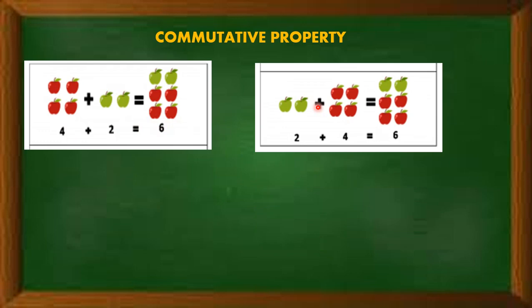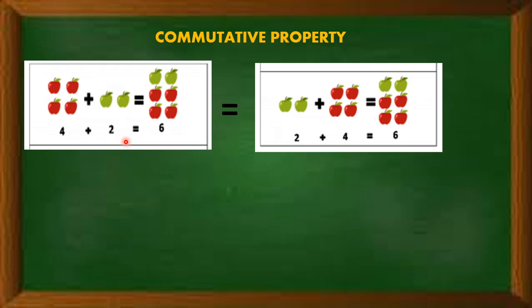The main difference between these two images is the way of writing the numbers, the position of the integers 4 and 2. In the first picture it is 4 plus 2, and in the second picture it is written 2 plus 4, but still the result, that is the addition, is 6. So here we can say 4 plus 2 and 2 plus 4 are both equal.